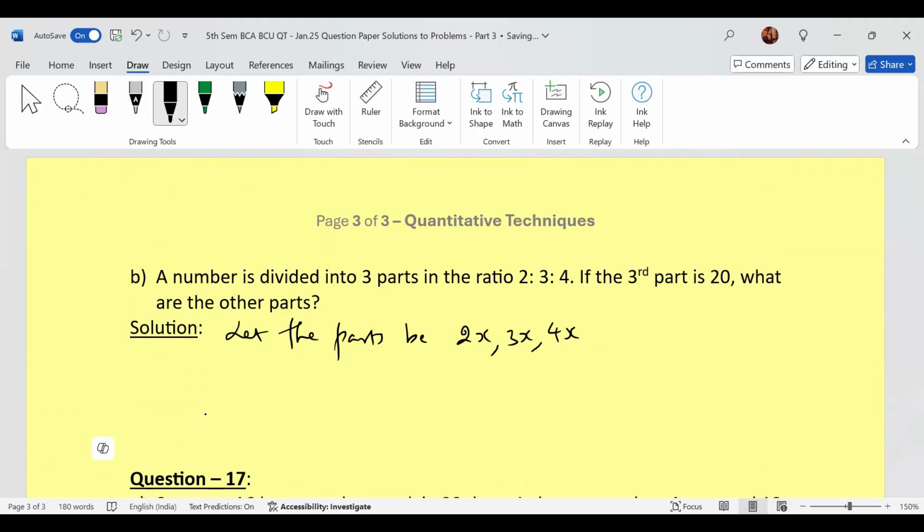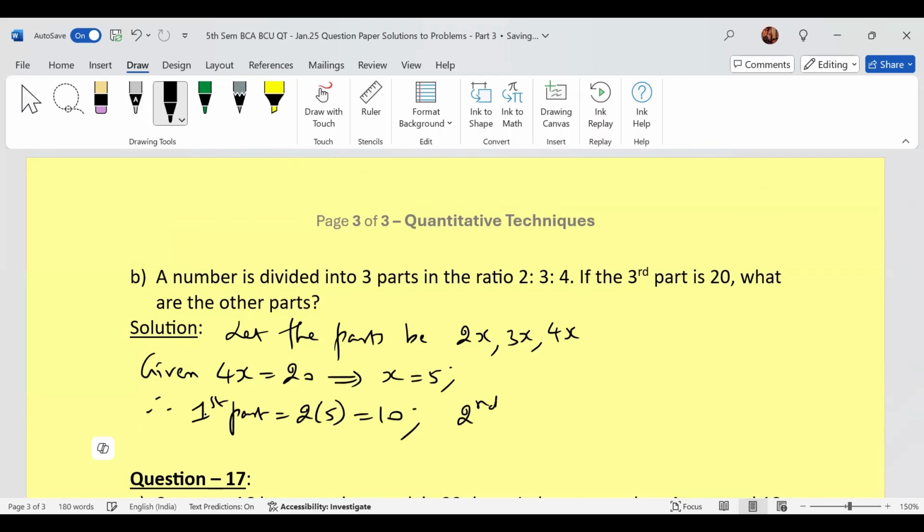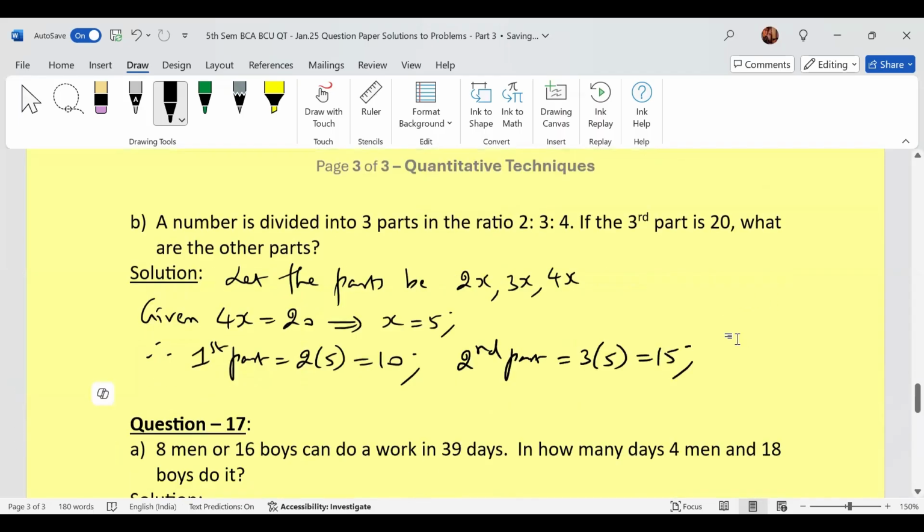Given third part, that is 4x is 20, that means x will be 5. So therefore, the first part is 2 times x, that is 2 times 5, so it should be 10. Second part should be 3 times 5, that should be 15. So other two parts are 10 and 15.